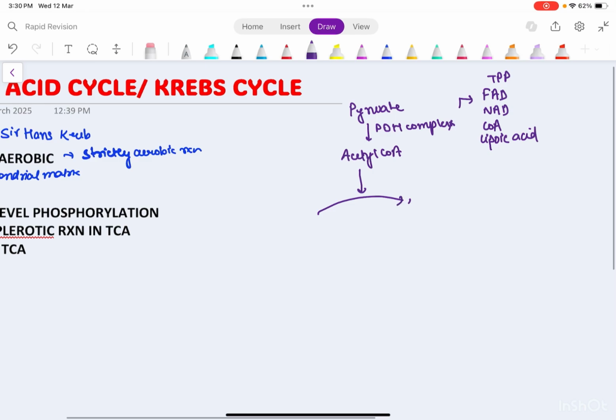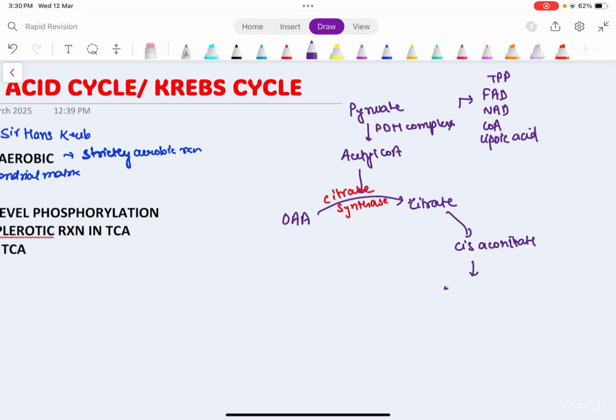Now this acetyl CoA combines with the oxaloacetate to form something which is called citrate, through an enzyme called citrate synthase. All right, now this citrate will further form cis-aconitate. Now cis-aconitate will form isocitrate.